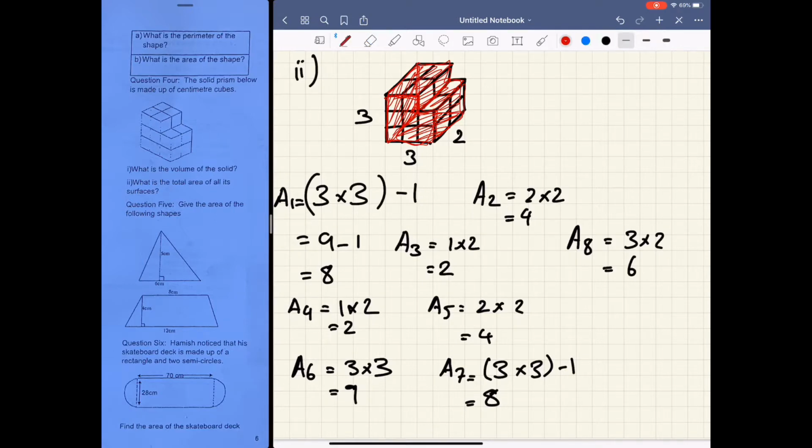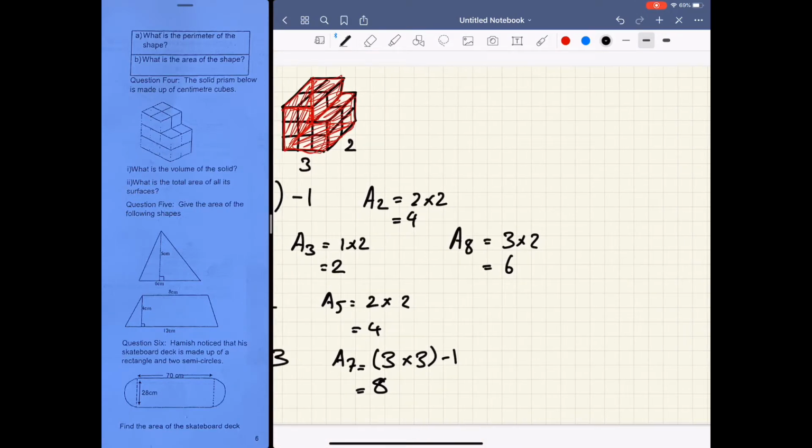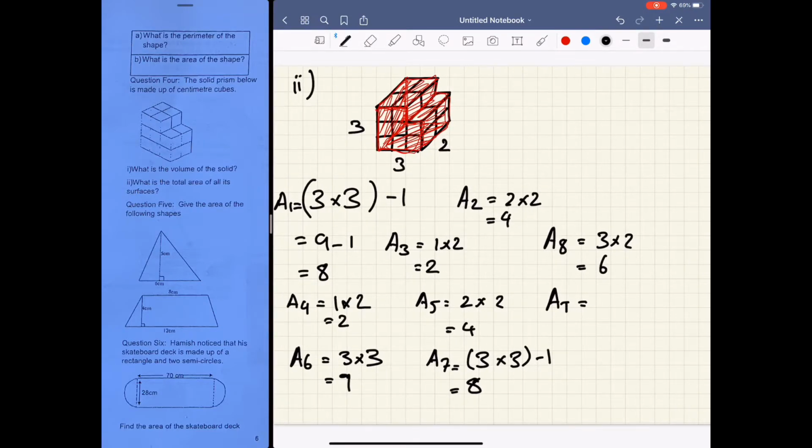Let's add them all together now. So area total equals area 1, which is this one here, 8, plus area 2, which is 4, plus area 3, which is 2, area 4, which is 2, plus area 5, which is 4, area 6, which is 9, area 7, which is 8, area 8, which is 6.